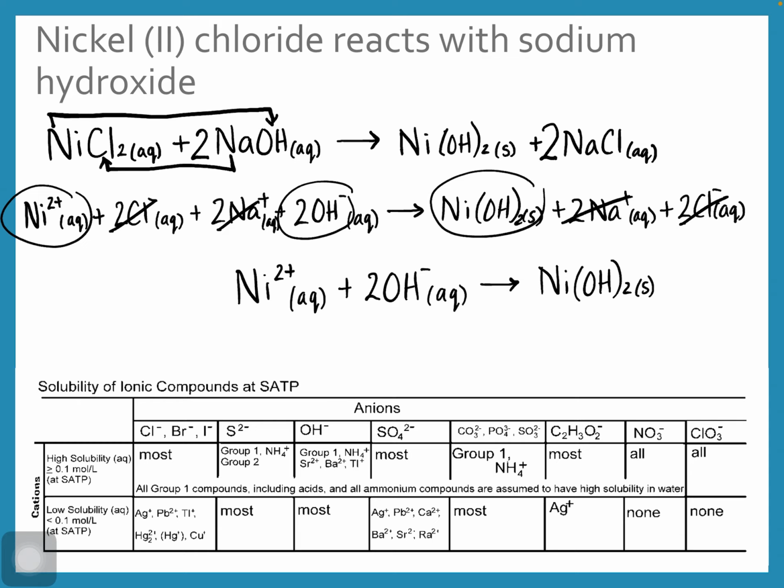There's no change happening with those. The whole time, sodium and chlorine ions are just dissolved in water. Whereas when nickel and 2 hydroxides collide, those are not soluble in water or have a very low solubility, so anything above the saturation point is going to precipitate out and form solid nickel hydroxide.